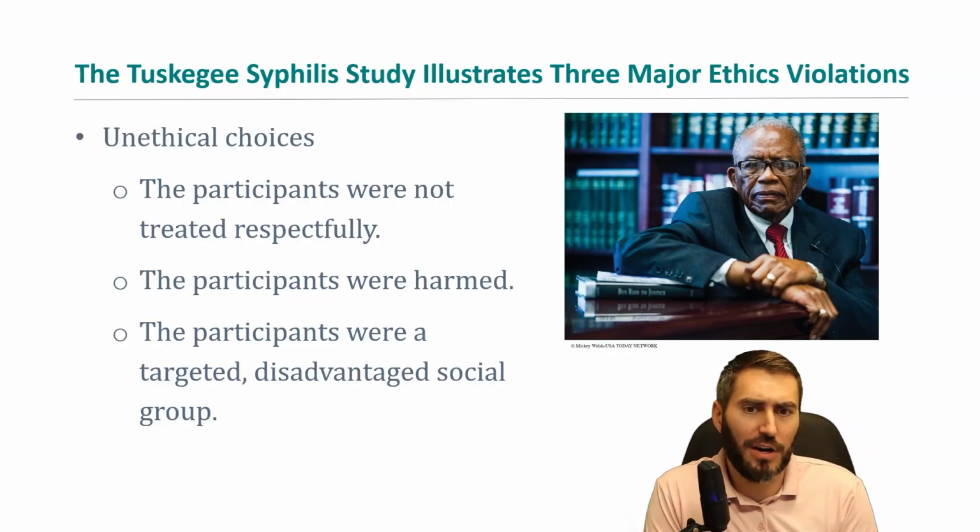These were a set of research studies, or a general research study, that was done back in the 1930s and showed some really unethical research practices. Generally what this study looked at was the idea that they wanted to observe syphilis and see how untreated syphilis progressed and developed over time.